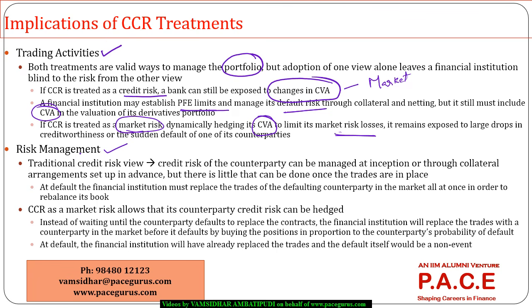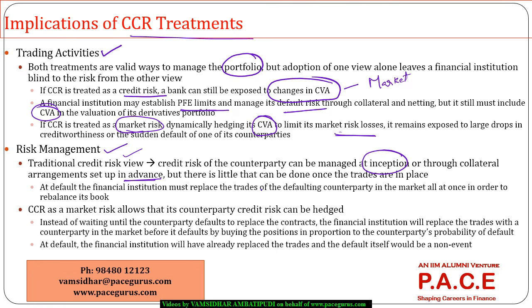Then the same thing, CCR treatment from the risk management perspective. If you start looking at CCR as a traditional credit risk view, we know that the credit risk of the counterparty can be managed at the beginning. We keep collateral. In the middle also we can keep asking for collateral.